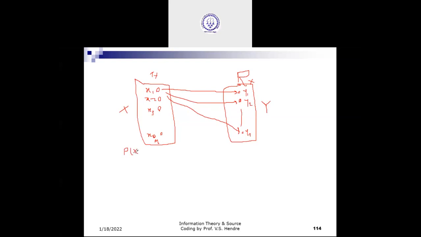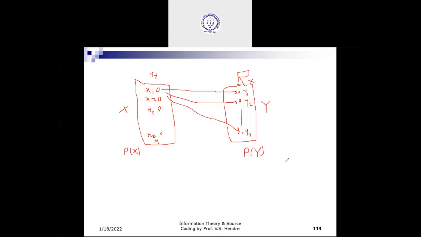P of x is the probability with which the symbols x1 to xm are selected for transmission. Once you transmit this data to the receiver, at the receiver end I may receive the symbol y1, y2 or yn, which defines another probability that the received symbol is y, that is P of y. So P of x is defined at the transmitter end, and P of y is defined at the receiver end.